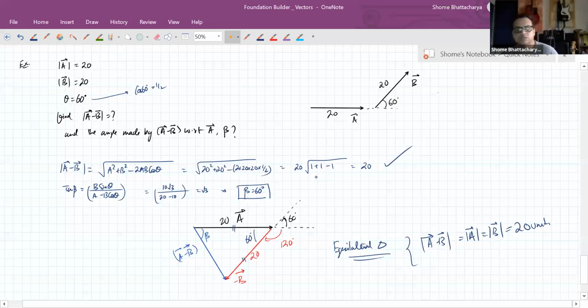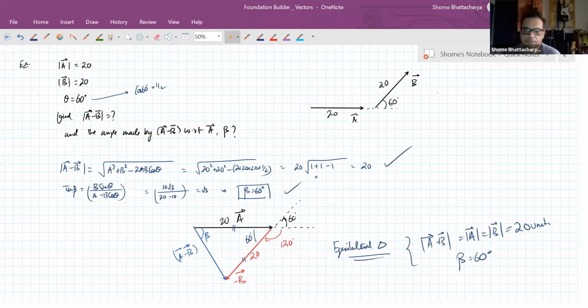Okay, so this is the application of the difference of two vectors. This is also another form of triangle law, like a second part of triangle law. This is called the triangle law for difference. The first one we had seen is called the triangle law for sum. So just make a note of this and go through the steps. Drop me a message if there's any doubt with any of the steps.